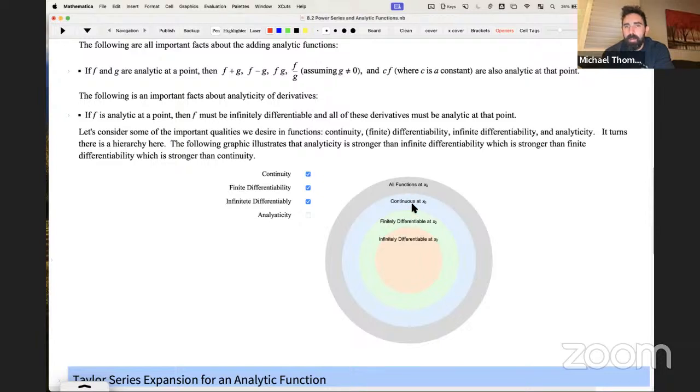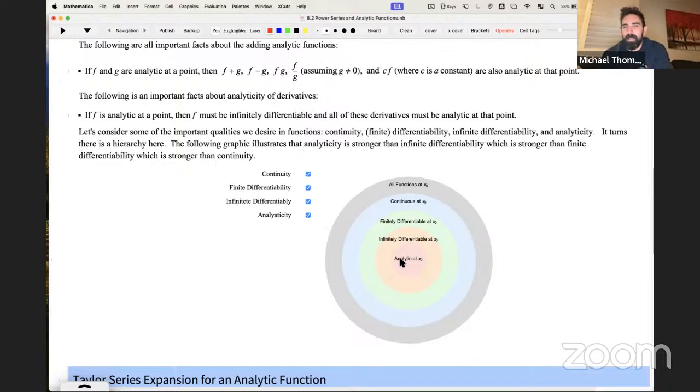This is our hierarchy of desirable qualities in functions that we've been progressing through. The last one is the pinnacle, the apex of desirable functions: analytic functions. If a function's analytic at a point, then you get everything else for free. If the function's analytic at x naught, it means it's infinitely differentiable at x naught, which also means it's finitely differentiable at x naught, which also means it's continuous at x naught.